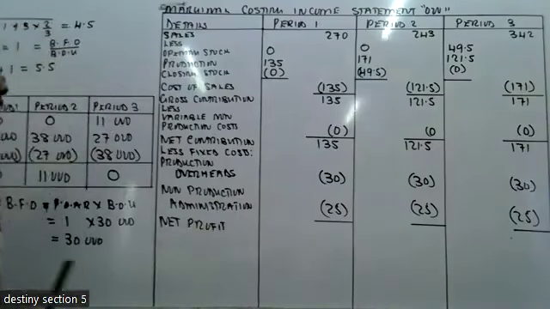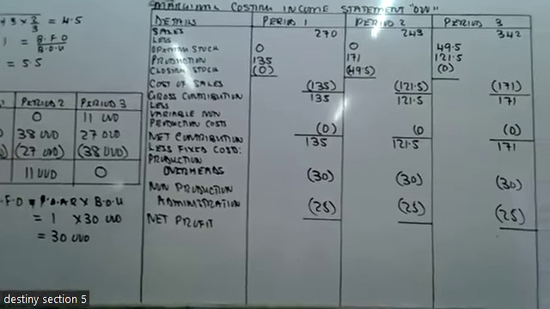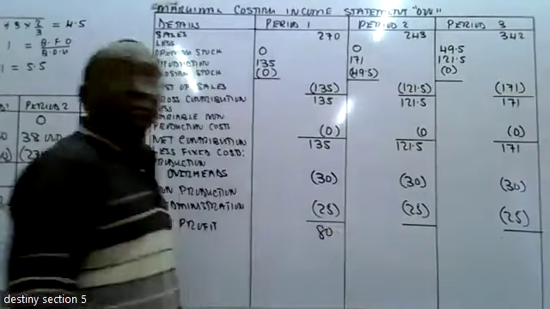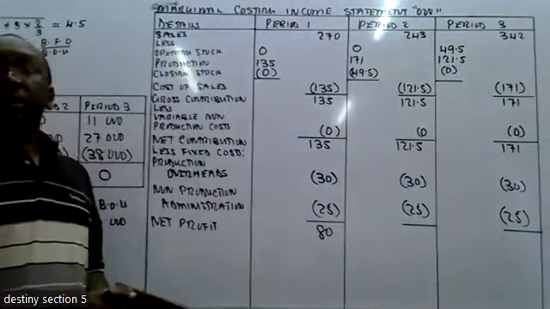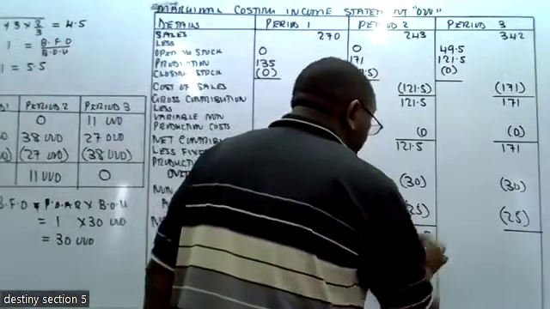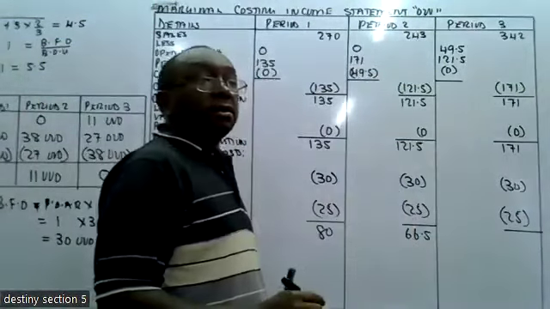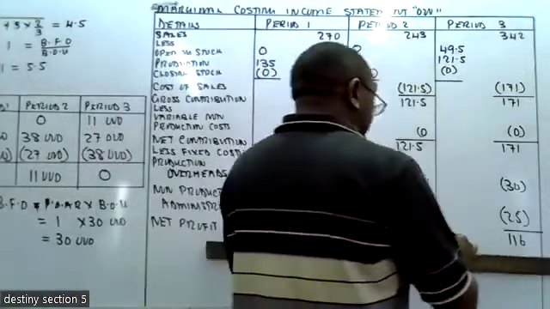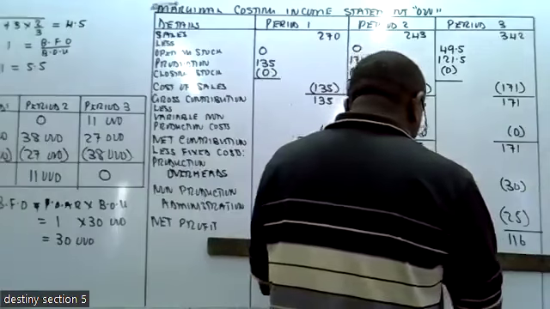So give me the first one. $80. 6.5. 116. That's about the end of that statement.